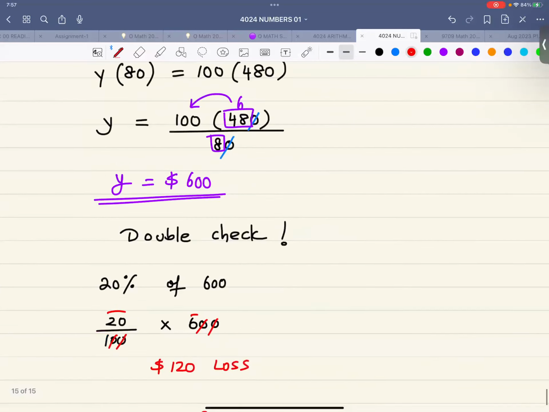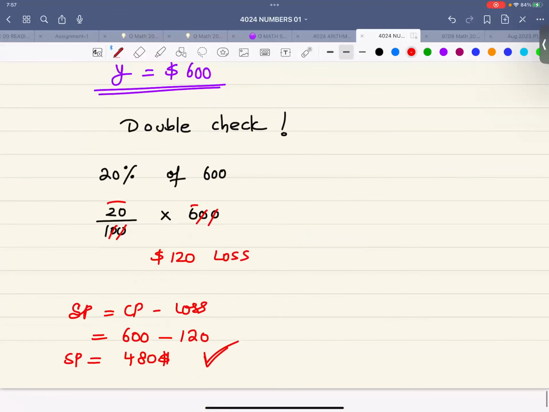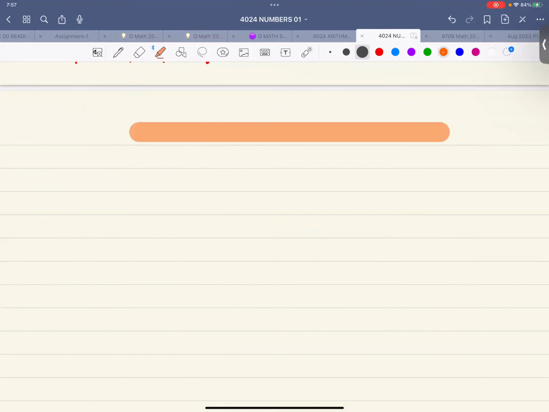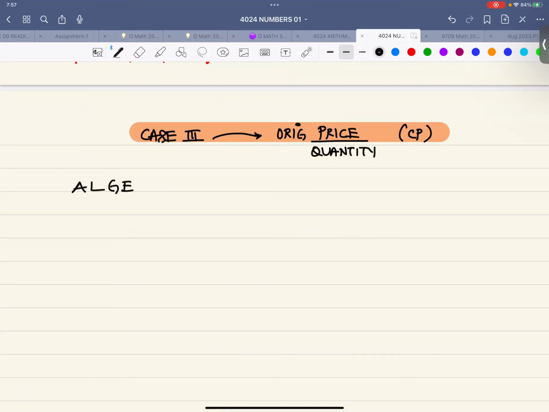Okay. Now, case number 3, using the longer method. So case 3, finding the original value, the original price, the original quantity, or we can say the cost price, using the algebraic way.